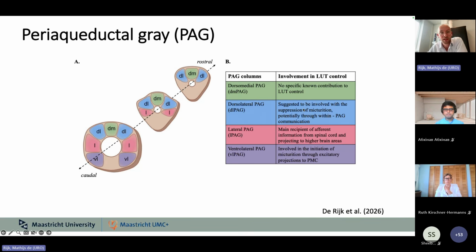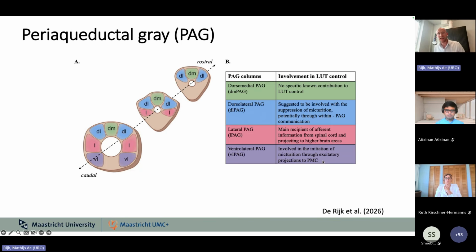So this area might be related to delaying urination and facilitating the storage of voiding. The lateral PAG is the main area that receives the efferent information from the spinal cord and projects this to higher brain areas. And the ventrolateral PAG is involved in the initiation of micturition through excitatory projections to the PMC.